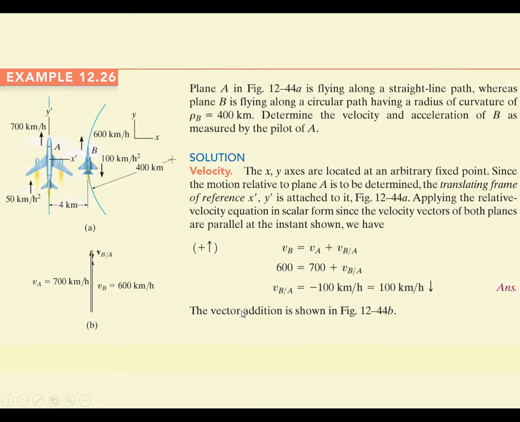Okay, let's try this other one. Here you have a plane A in this figure flying along this radius of curvature of 400 kilometers, whereas plane B is flying along a circular path having a radius of curvature that we're giving in there.